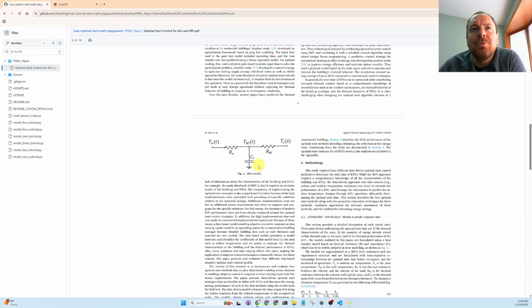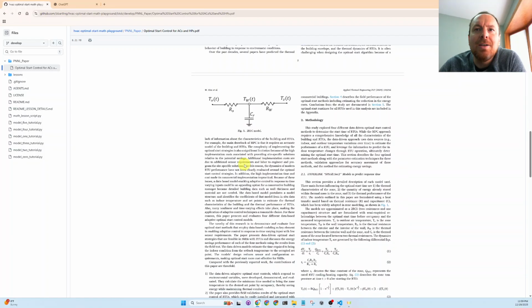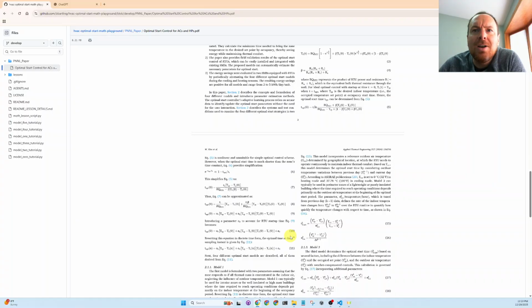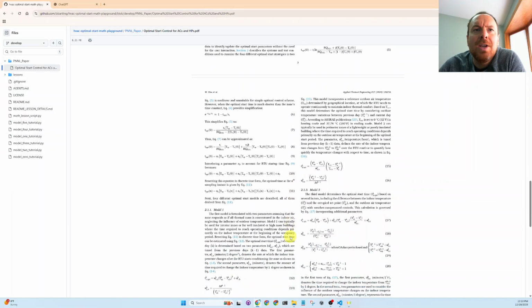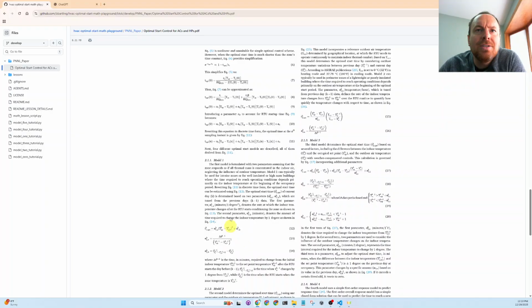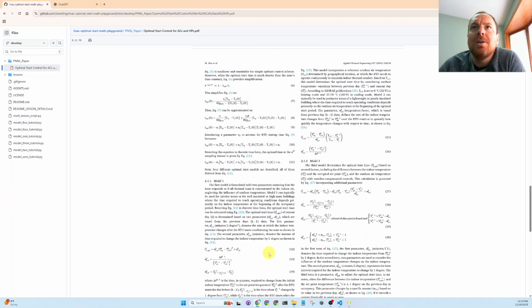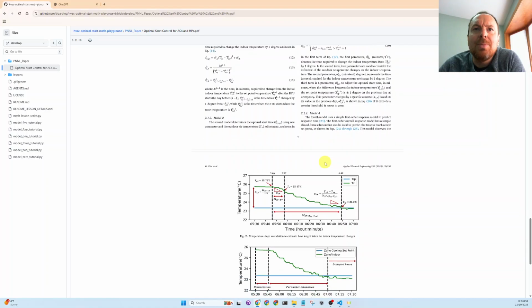We're talking about the resistance-capacitance model, more like mechanical engineering, upper graduate level academia, a lot of the math equations, and model 1, which we did already. So this is a little bit of the nuts and bolts, getting into model 2, which we'll talk about in a little bit.